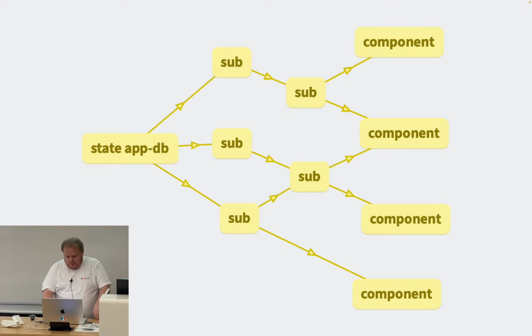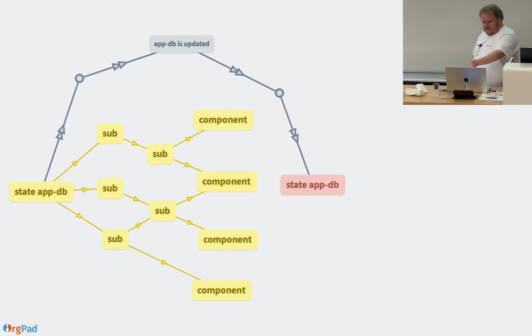Now, when the state is updated, so I have a new state, I have to recompute what changed. So I will recompute this subscription, I have a new value. I will recompute this subscription, it's orange because the value is the same. So this one is also the same.